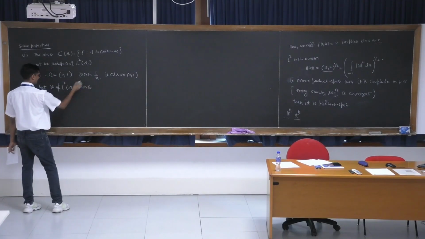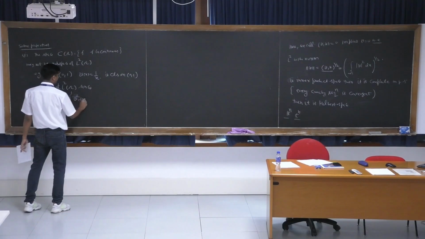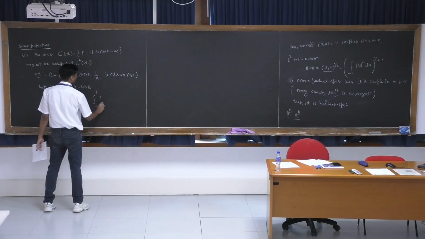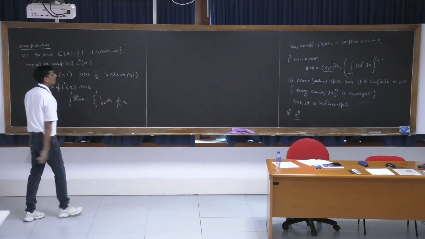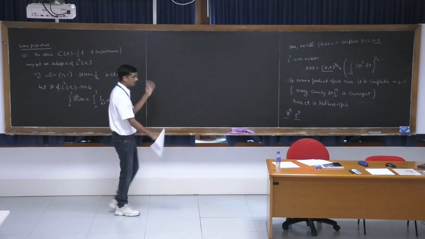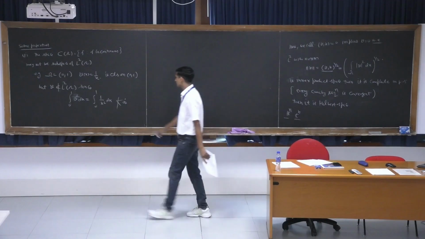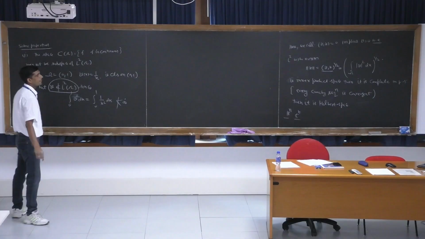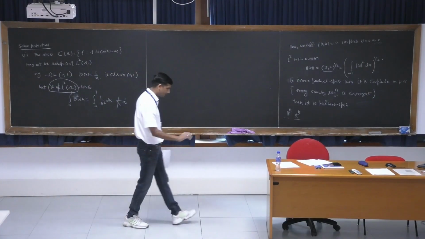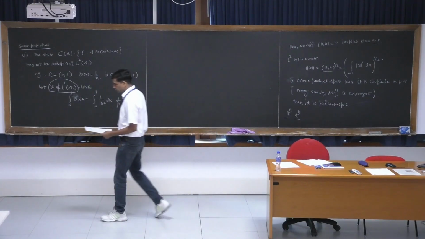Because when you find the integral of V square dx, that is the integral from 0 to 1 of 1 by x square dx, and that is not bounded. When you integrate this, you will see that it goes to infinity. So this is not bounded. This means that every continuous function is not necessarily an L2 function.